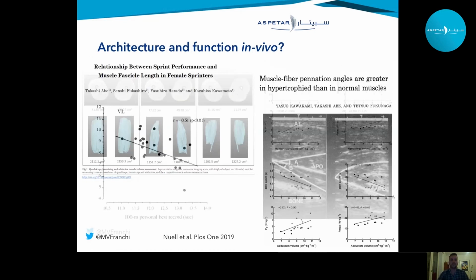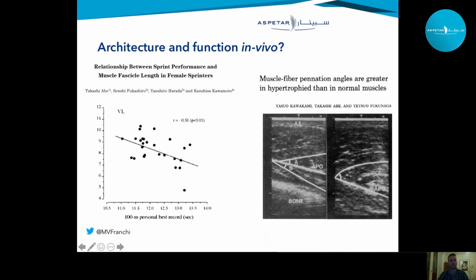And it's not the first study that shows that muscle morphology is related to performance capacities. So this was fascicle length related to 100-meter personal best record. The greater the fascicle length, the shorter the time to complete 100 meters.